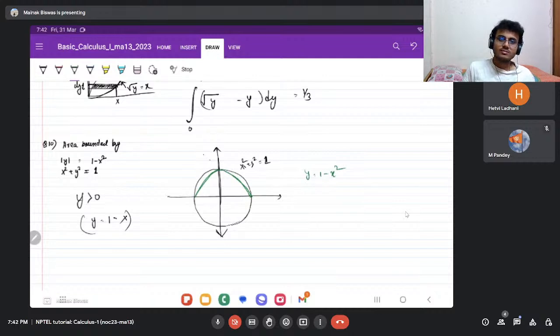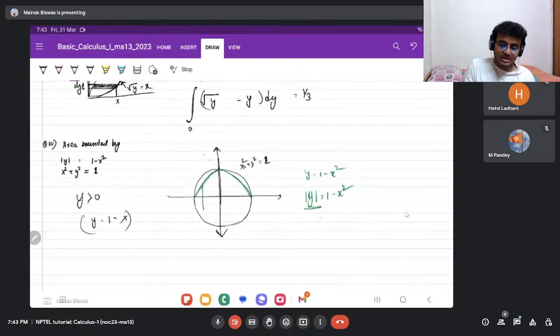Right? Yes, sir. So what is mod y equal to 1 minus x square? I had told you, if we take mod on the function side, on the dependent variable, what will happen? So this will also be true for all the values symmetrically below the x-axis.